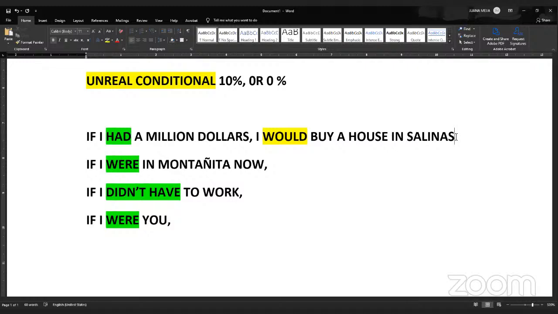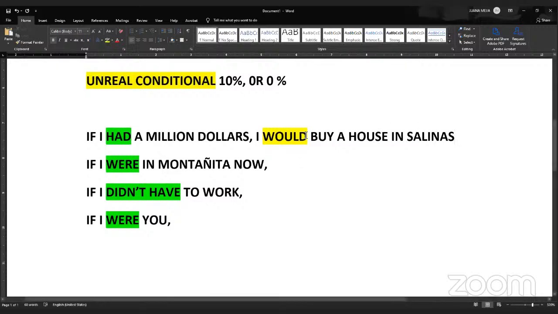But I don't have $1 million to buy the house in Salinas. So this is a wish or a desire, but I use the second conditional. Esto es un condicional irreal. No tengo el $1 millón, por lo tanto no tengo una casa en Salinas, pero puedo desear, ¿verdad? If I have $1 million, I would buy a house in Salinas.